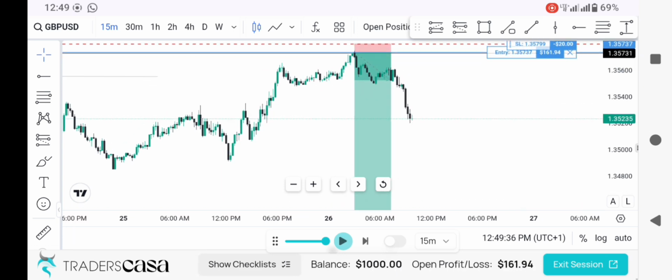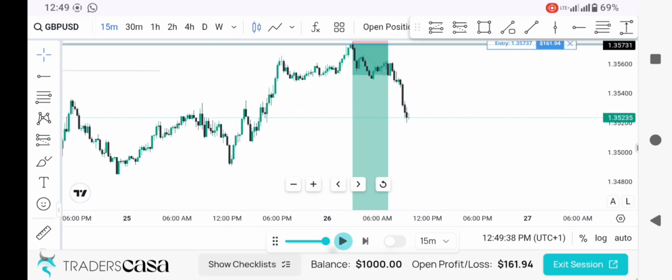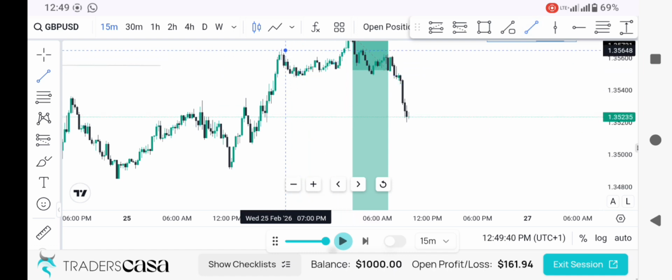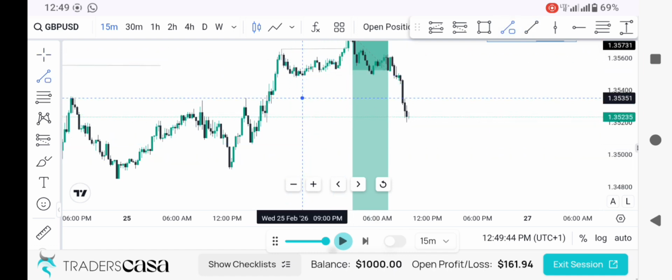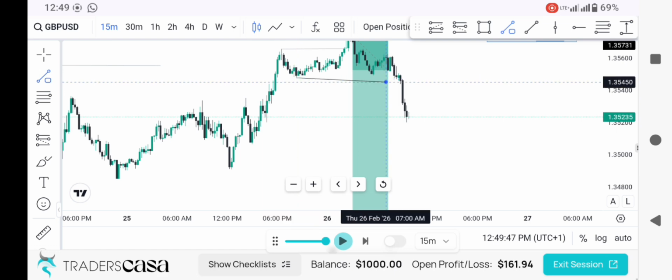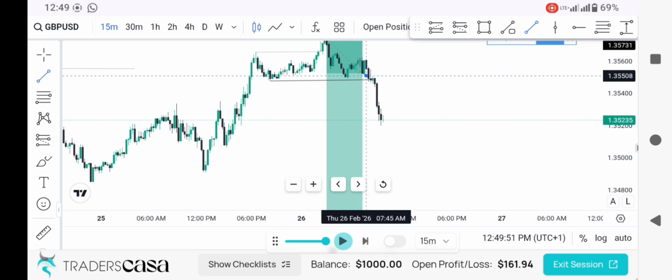As you can see right now, we can get our target because we have another strong break of structure. So this can be a liquidity, this tiny order block.